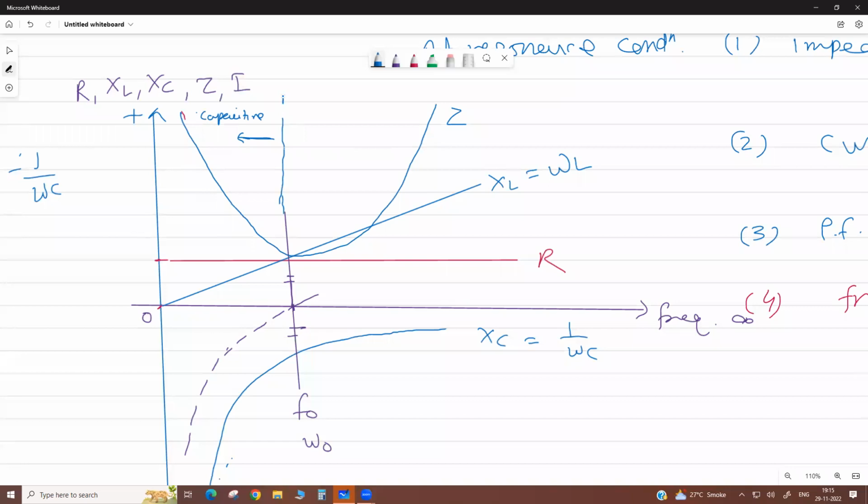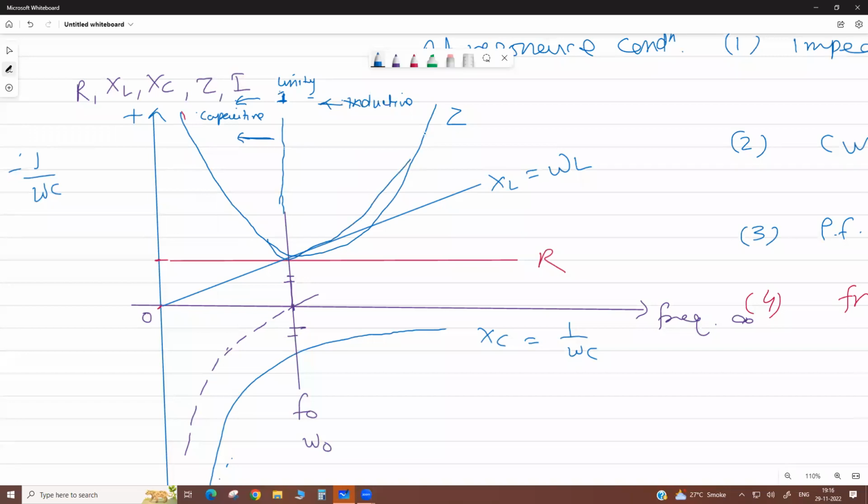Here your power factor is 1, unity. This side is leading. Then this side is lagging because the circuit becomes inductive. It means the impedance is inductive due to inductance, and this is for capacitance.